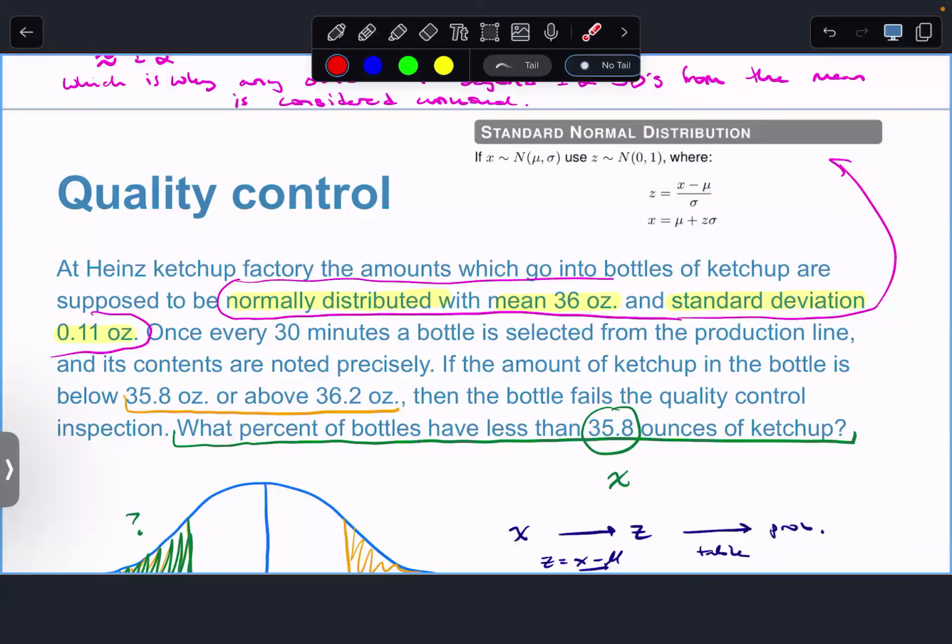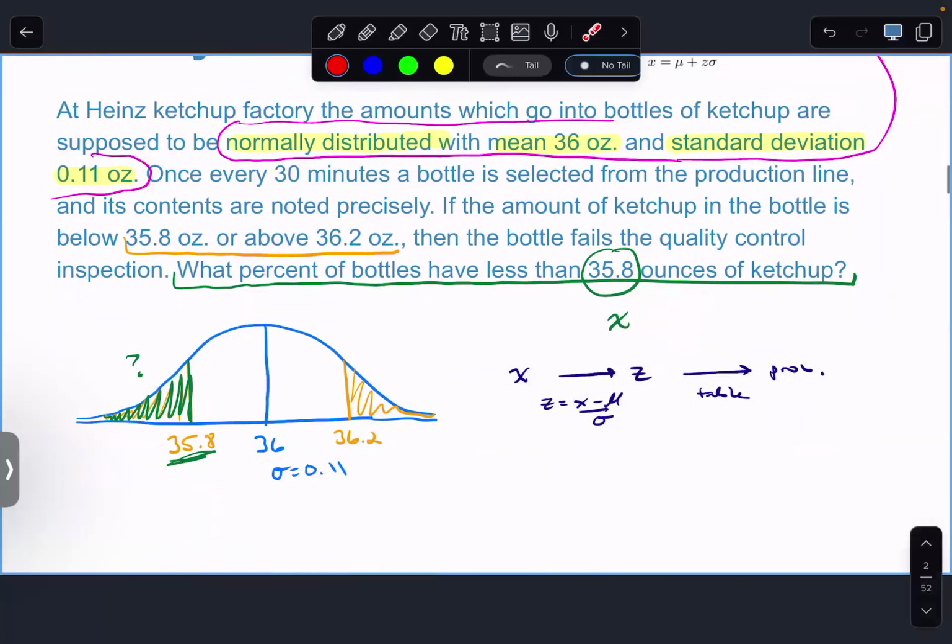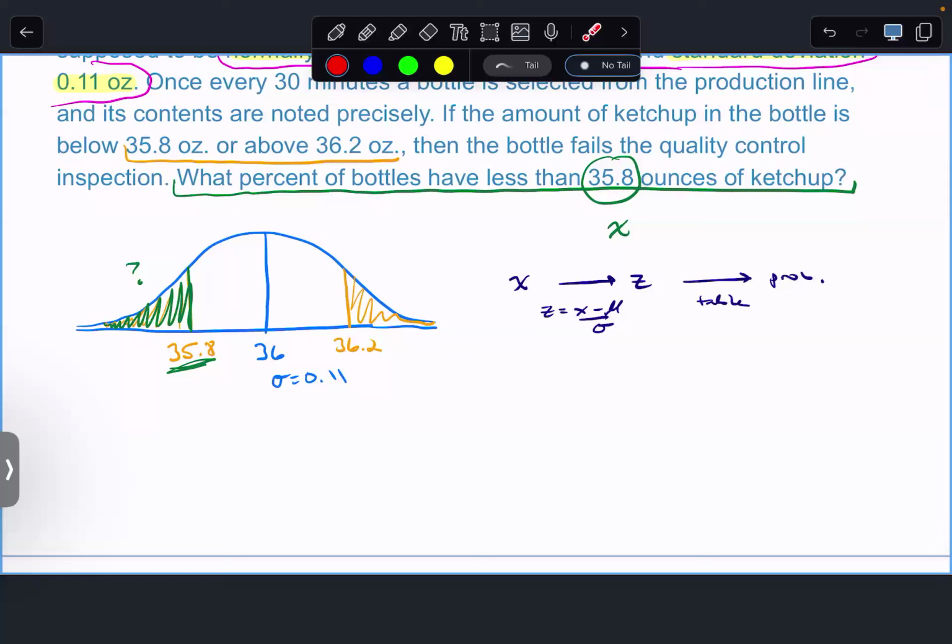I think it's going to be one of those things where when I say it in class, it makes total sense, right? Well, obviously it's the 35.8, but then you sit down and read your own questions and it's not so obvious anymore. It's going to take practice. But the thing that I want to find a probability associated with is the X.